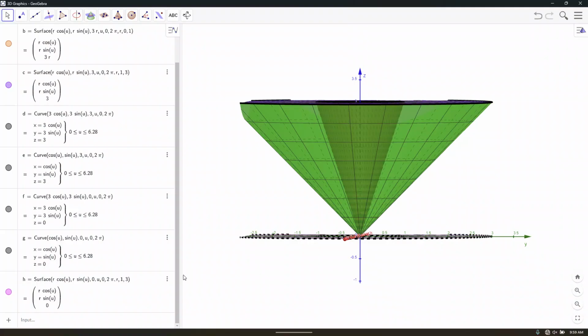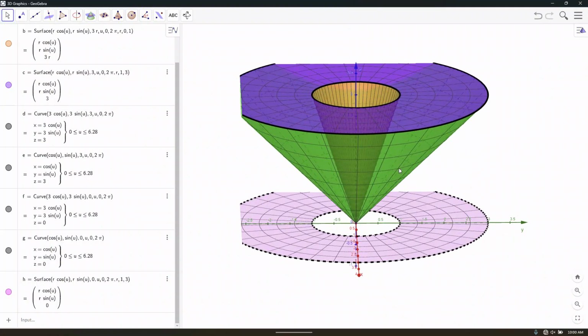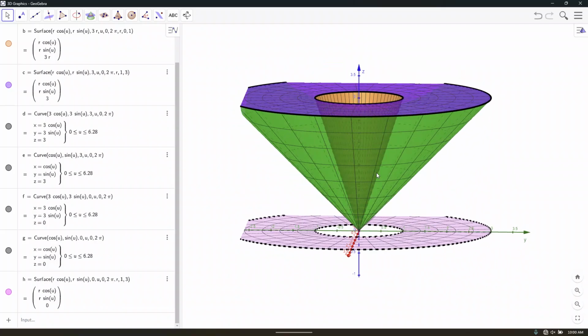So we need to express that rho in terms of rho, phi, and theta. If we had a sphere of radius 5, we just would have said rho equals 5. If we had a sphere of radius 7, just rho equals 7. But in this case, it's not a sphere.